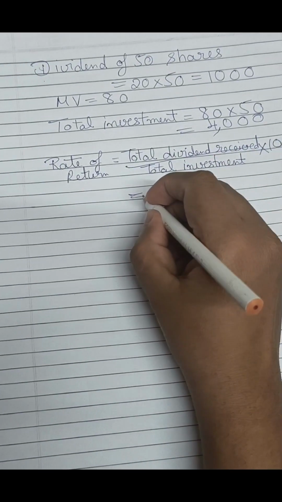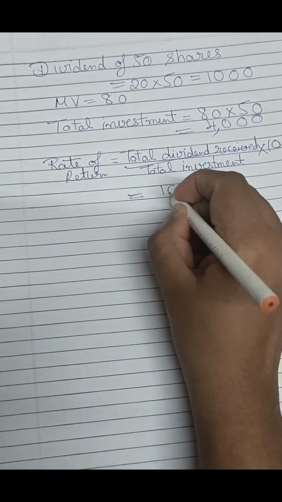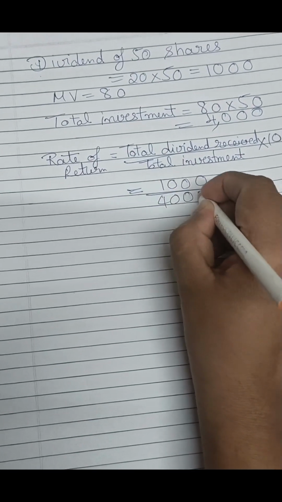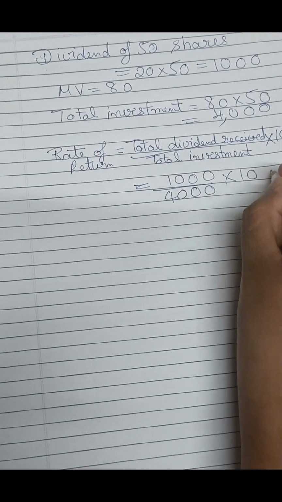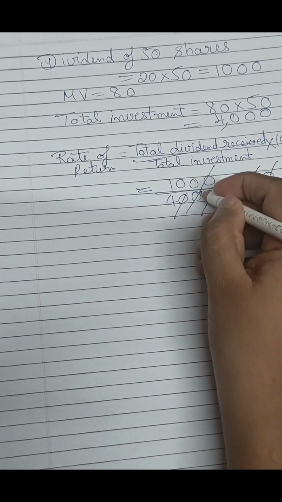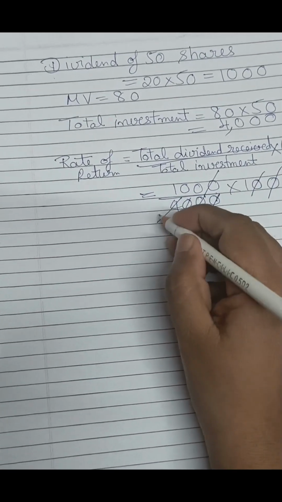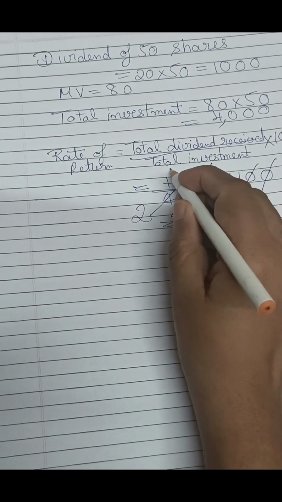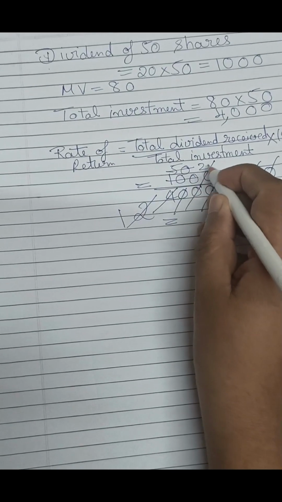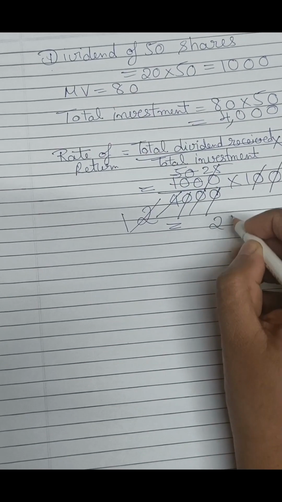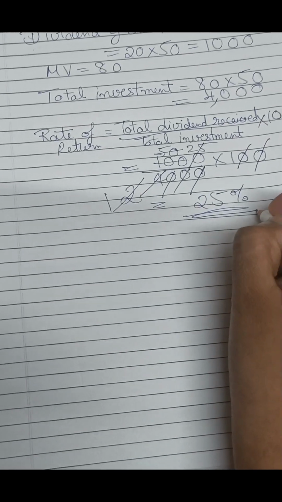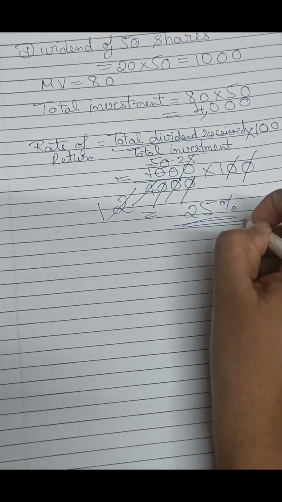So how much is the total dividend received? 1000. Total investment was 4000 into 100, the zeros cancel. So we have received a rate of return to be 25%.